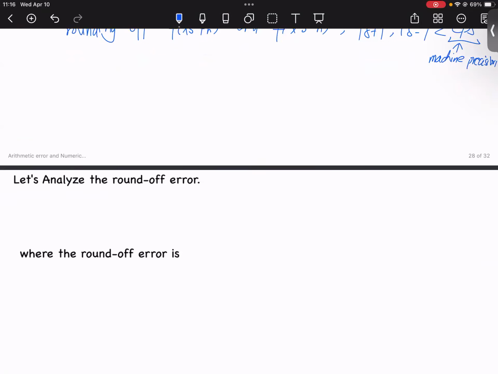So the rounding off error should look like this. f(x0 plus h) is the number we are going to use to calculate the finite difference formula, and we are going to use some rounding off number here, and we use these notations to denote the numbers we use after the rounding.